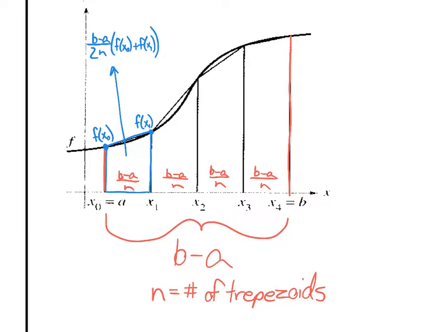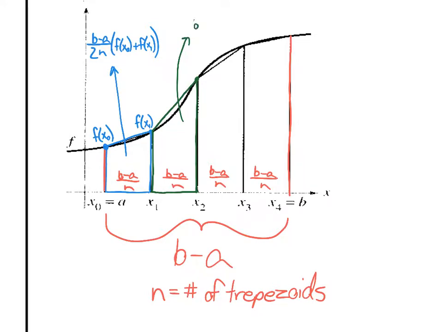Now let's look at the second rectangle. Or not rectangle, trapezoid. This trapezoid I'm highlighting or outlining in green here. You'll notice it also has a height of (b minus a) over n.